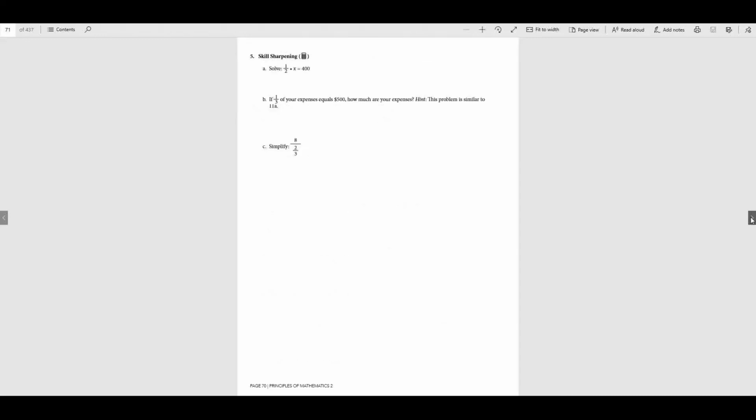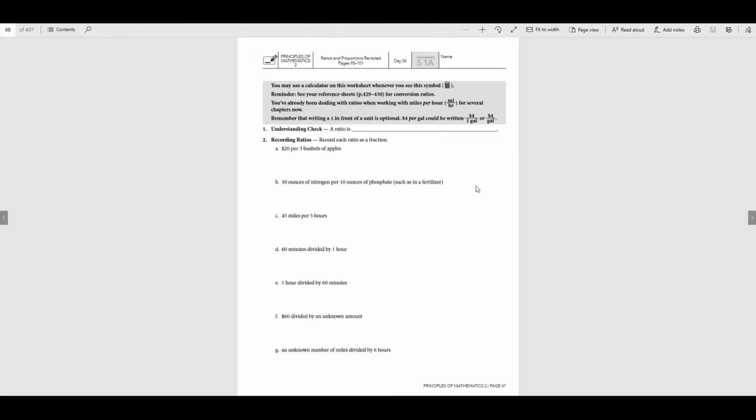On the recording ratios, you can just do every other one. You are welcome to do them all if you feel like you need practice. But otherwise, if you feel like you know it pretty well, just do every other one. I don't care which ones you do. You can do A, skip B, do C, or you can do B, skip C, do D. Just do every other one here.